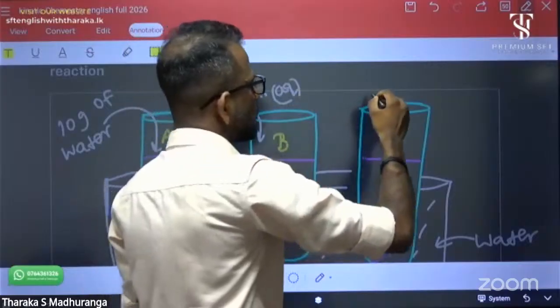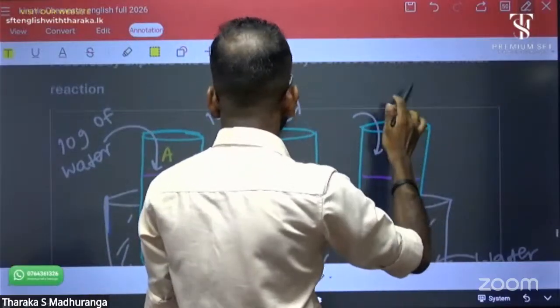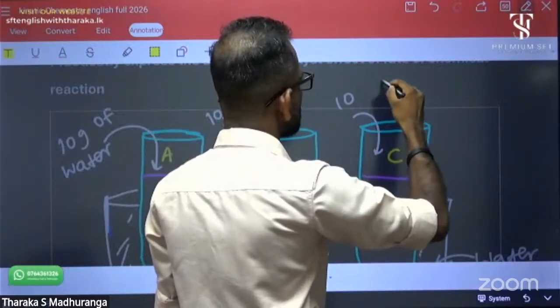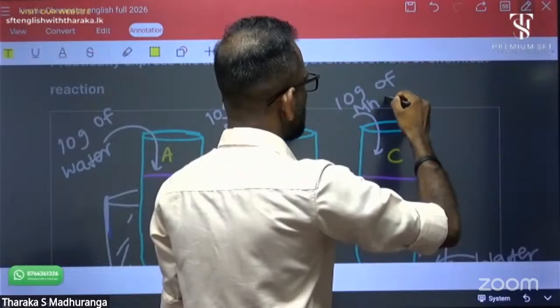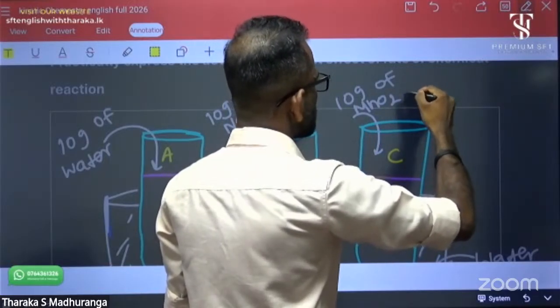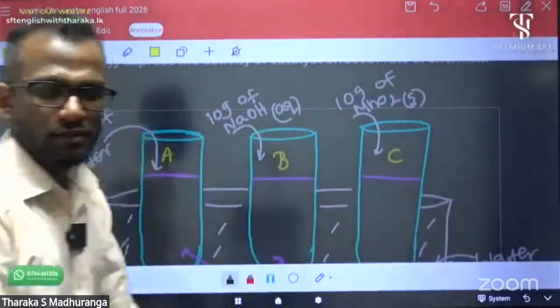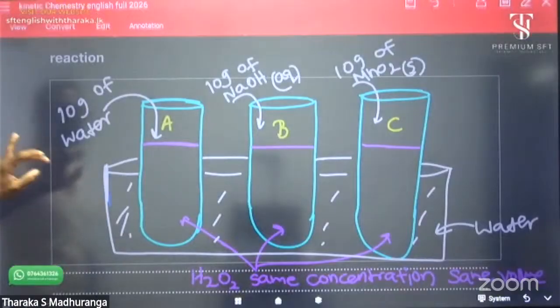For the next test tube, introduce 10 gram of solid MnO2. This is a very simple practical. First draw this, I will explain.